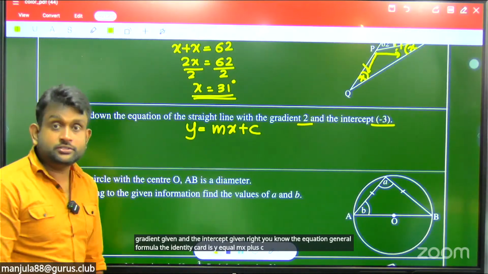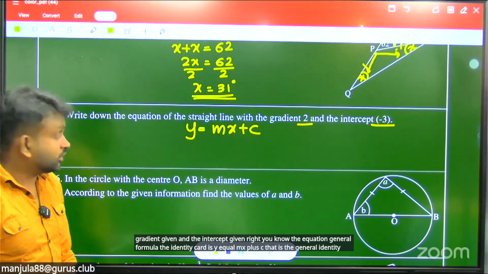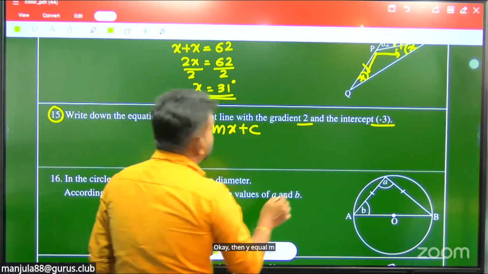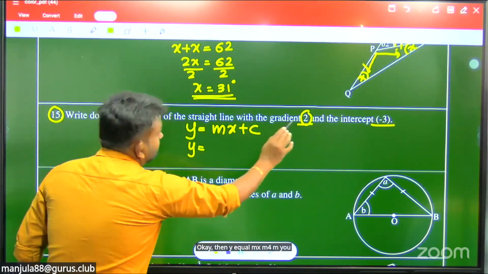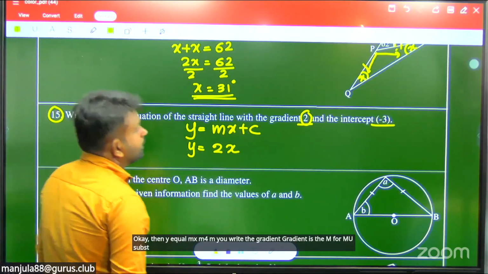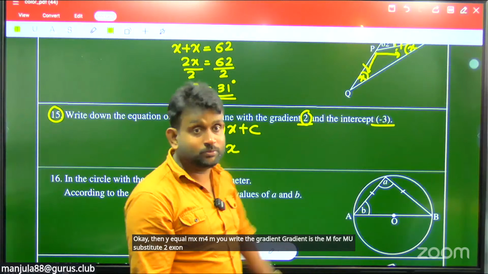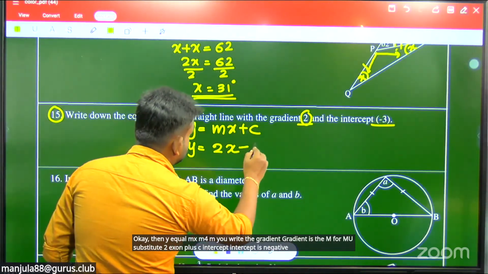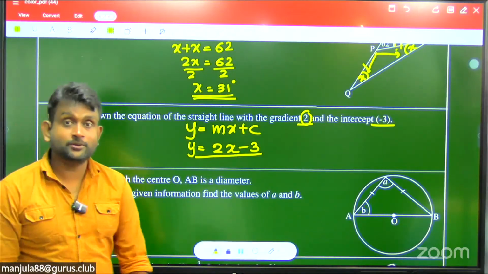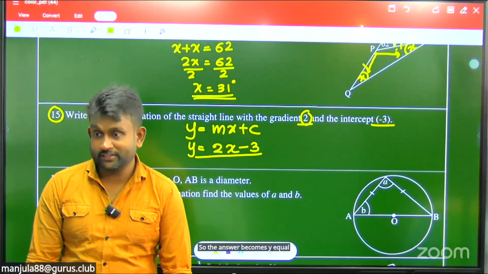For m you write the gradient. Gradient is m, so for m you substitute 2. Intercept is negative 3, so 2x minus 3. So the answer becomes y equals 2x minus 3. Fine. Right.